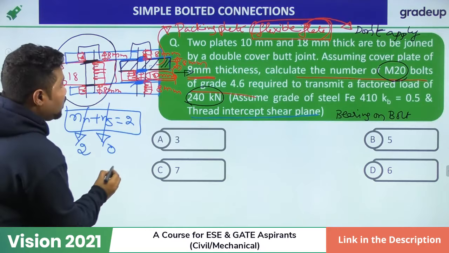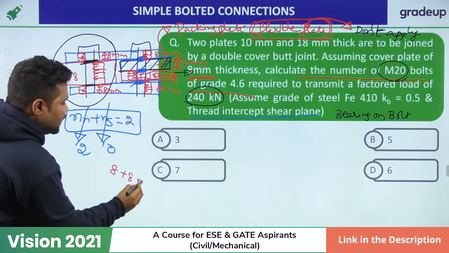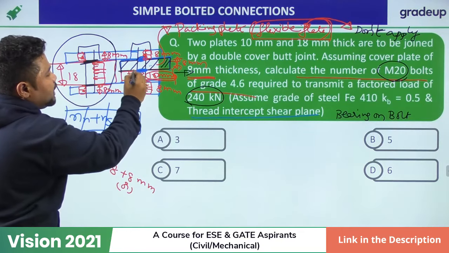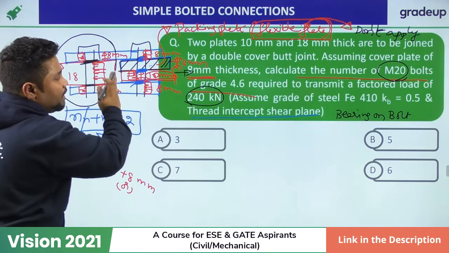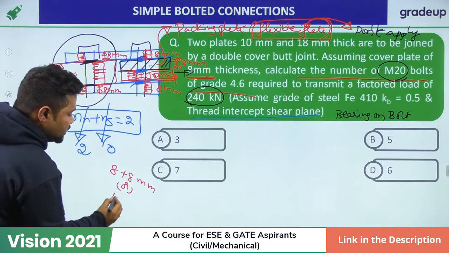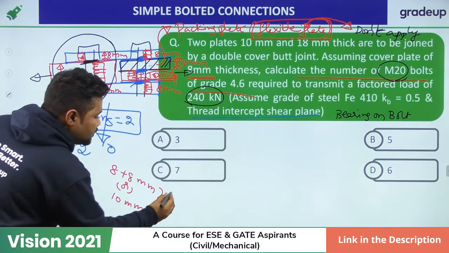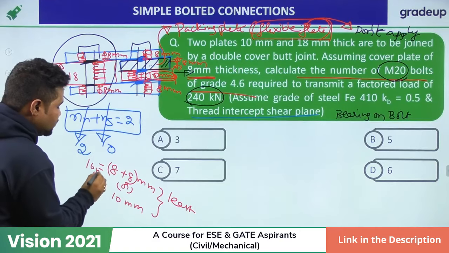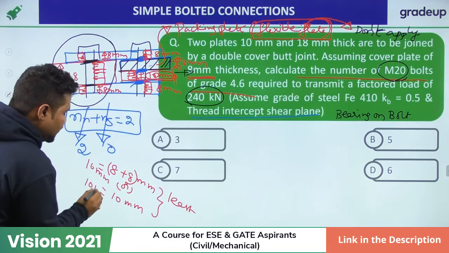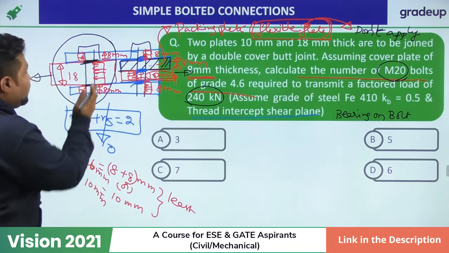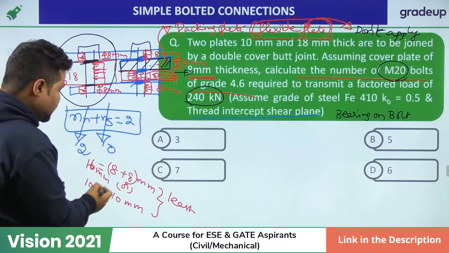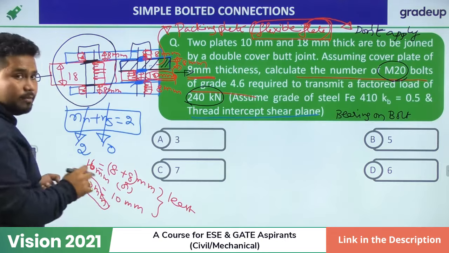The main plates experience bearing stress from left hand side to right hand side, which is 10 millimeter. Out of these two, the least should be considered, 16 millimeter or 10 millimeter. If you take the right hand side, you are overestimating. So I am considering the answer as 10 millimeter.